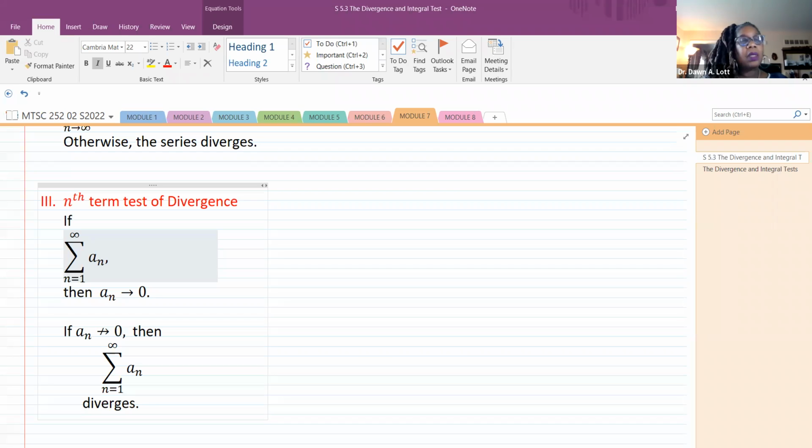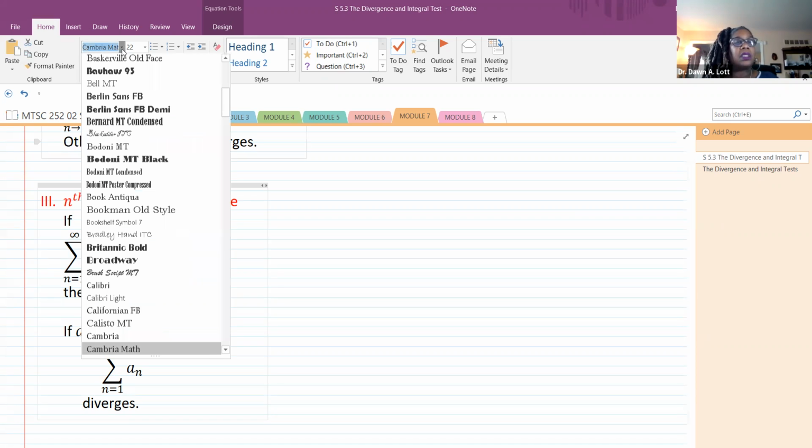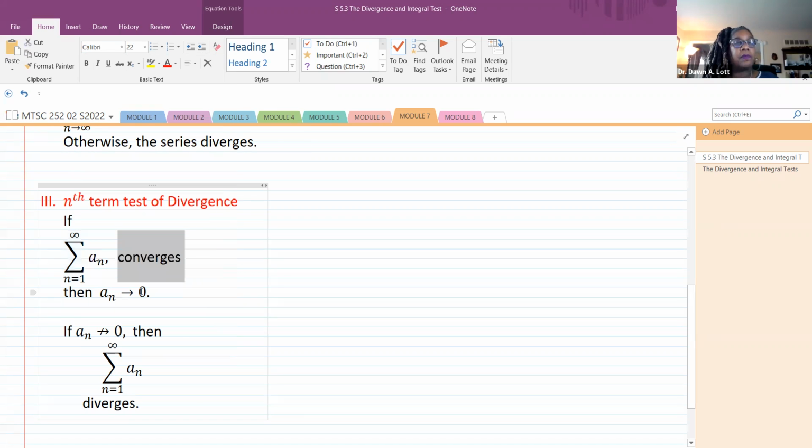Whoa, go back, and don't delete that. Okay, so if that summation converges, then it is a known fact that the nth term has to go to 0.